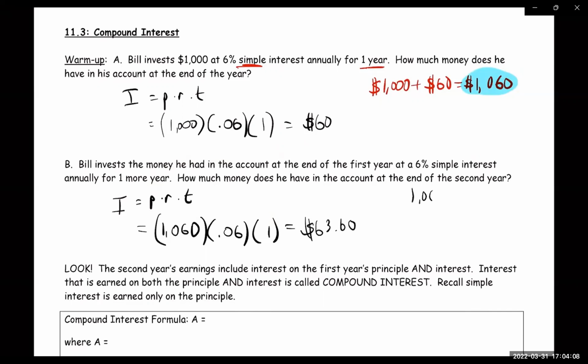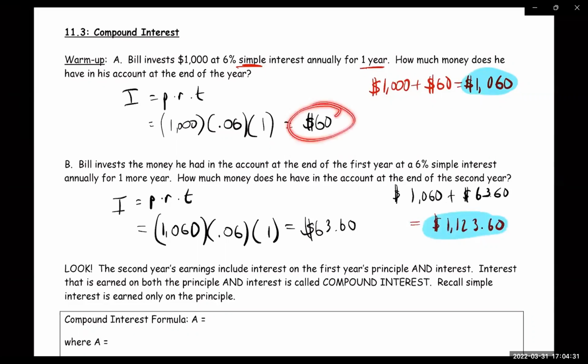So now if you add that to the new principal amount, the amount is going to now be $1,123.60.